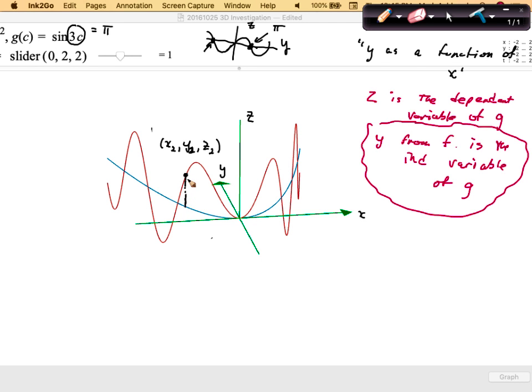There's a vertical length from that point to the blue curve, agree? And then onto the x coordinate. This is x2 here. And then that's the point on the blue curve, and then straight up from there is our point x2, y2, z2. I want you to represent that length in as many ways as you can.